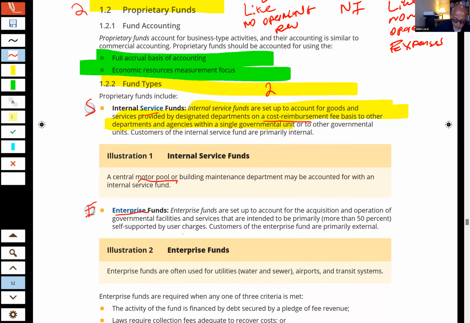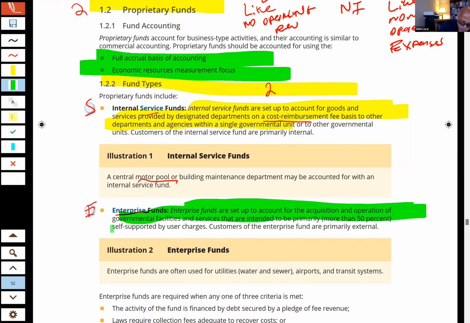The enterprise fund, okay, is set up to account for the acquisition and operation of government facilities that are intended to be primarily self-supported by user charges, water utility, for example. So what happens here? Let's say you're getting ready to go out on a Friday night and you're washing your hair, gonna look good, and all of a sudden they turn the water off on you.